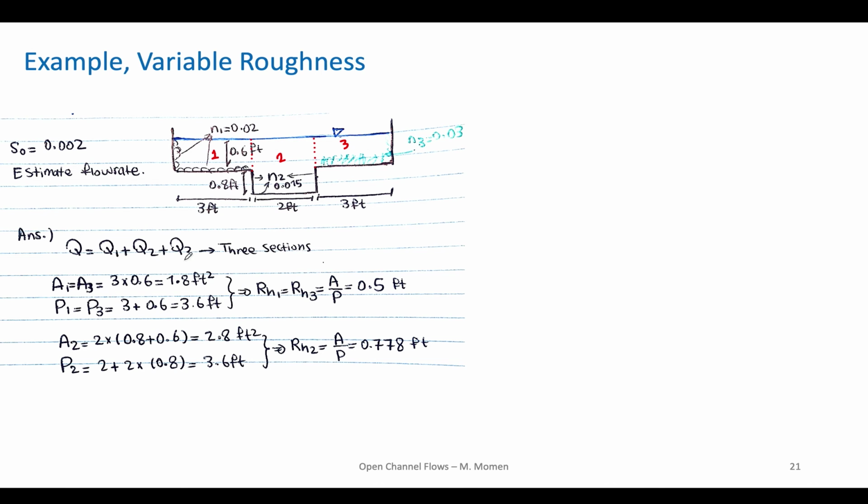And so in order to find these Qs based on the Manning's formula, I need to know the area of each section. So let's calculate those. A1 equals A3, as you can see. The area of that is 3 foot times 0.6 foot. It's going to be 1.8 foot squared. The wetted perimeter of 1 and 3 are also equal: 3 foot plus 0.6 foot is going to be 3.6 foot, which is this wetted perimeter, right?